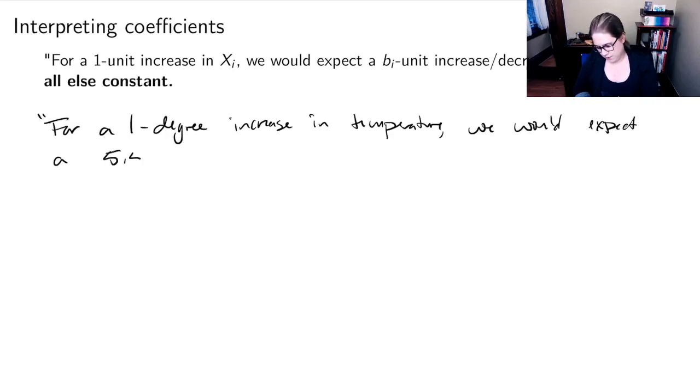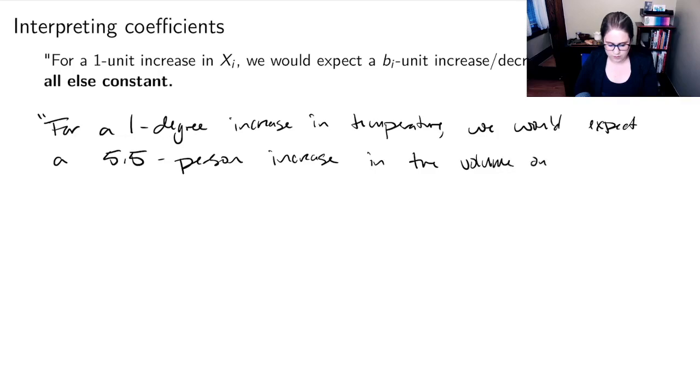A 5.5 person increase in the volume on the rail trail. And "all else constant" is the lazy way to do it, where you're just throwing everything in. If you only have a few variables, I think it's better to say "holding" and then putting in the name or names of the other variables.